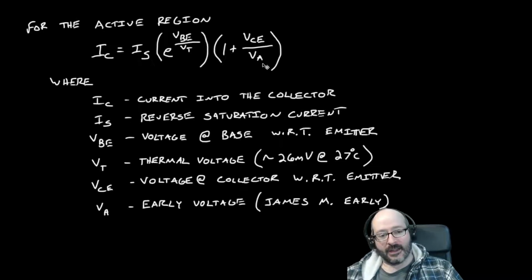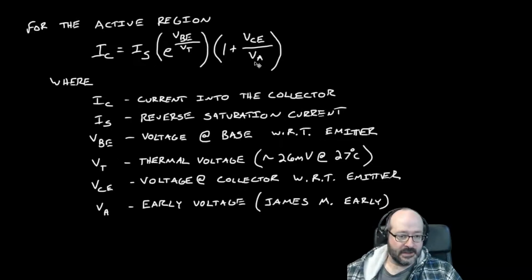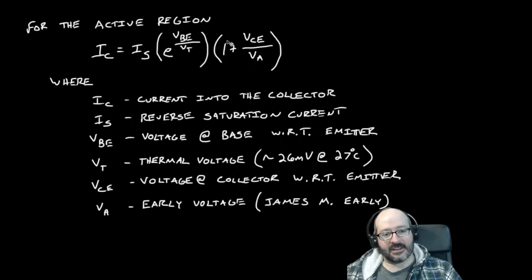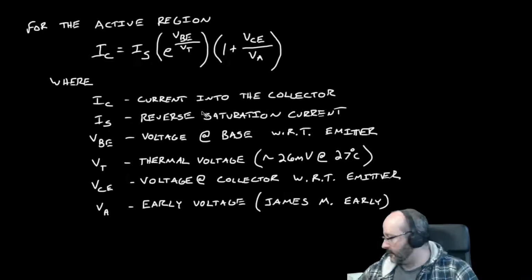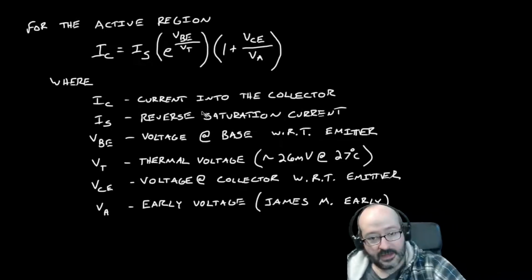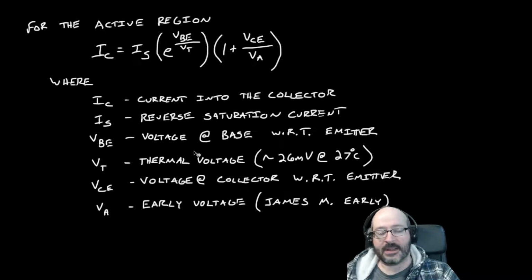So VA is another parameter of the transistor, and that correction factor for the collector current is dependent on the collector emitter voltage. So we have the voltage at the collector with respect to the emitter. Okay, so some of these things are parameters, some of them are the independent variables that we're plotting against.